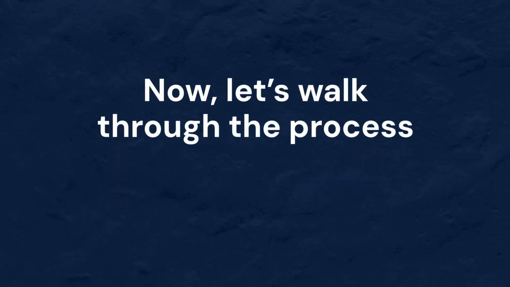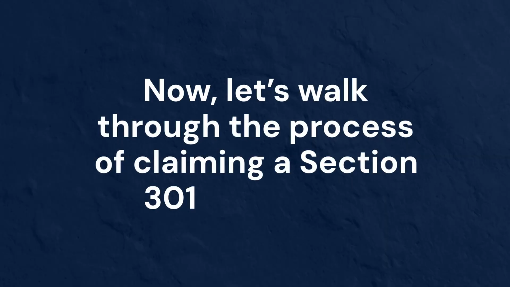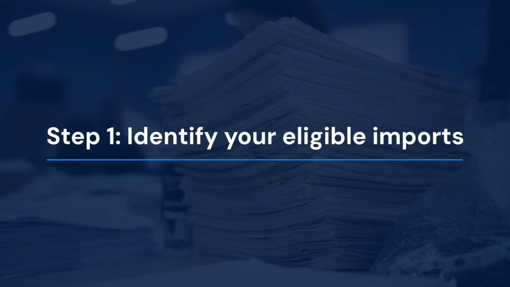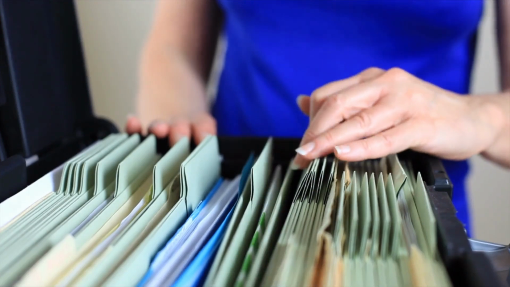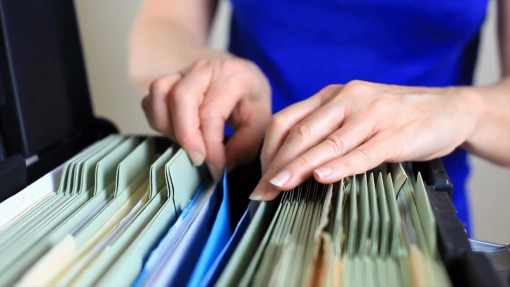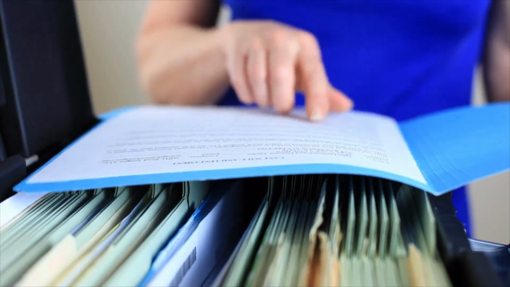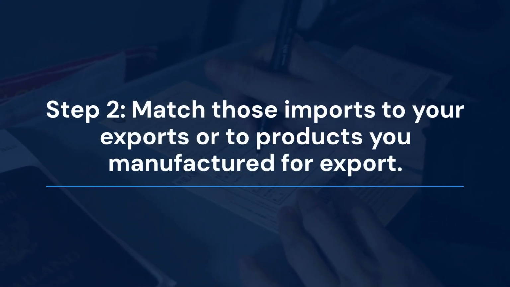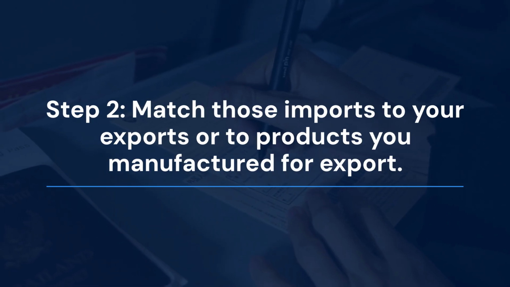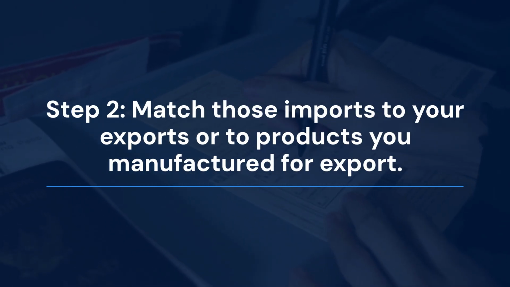Now let's walk through the process of claiming a Section 301 drawback. Step 1. Identify your eligible imports. You'll need to pull your entry records, specifically CBP Form 7501, to find shipments where you paid Section 301 duties. Step 2. Match those imports to your exports or to products you manufactured for export.